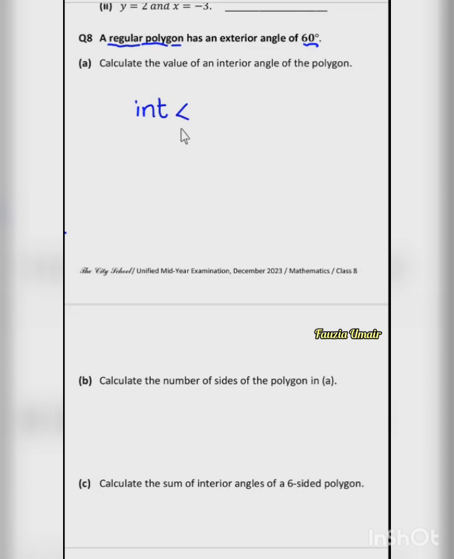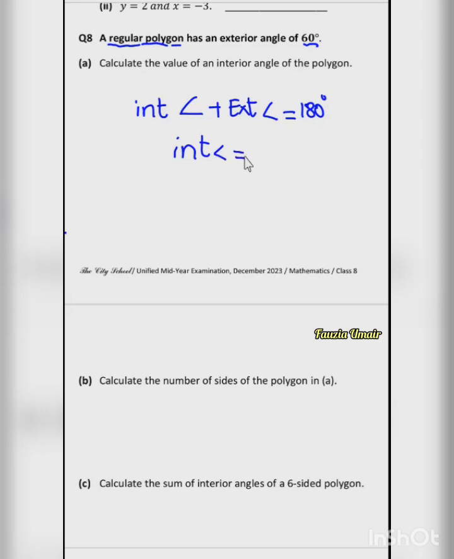Sorry, I'm using the wrong sign. So I can use this property, and I know that the exterior angle is 60 degrees. So what will be the interior angle? 120 degrees. That's right, 120.